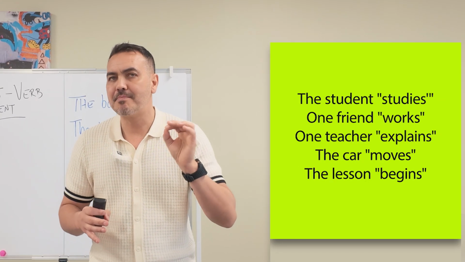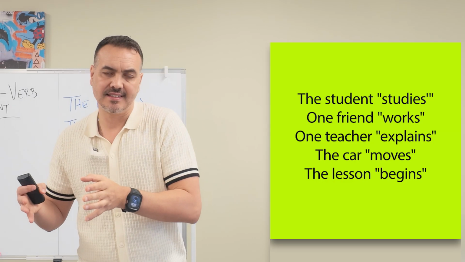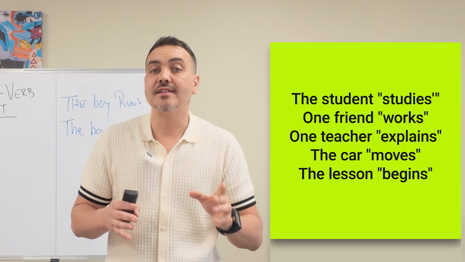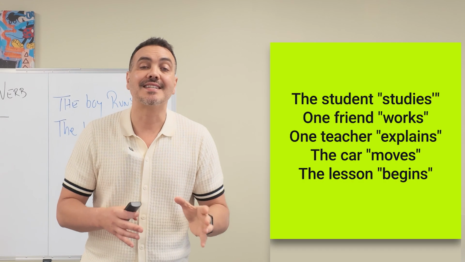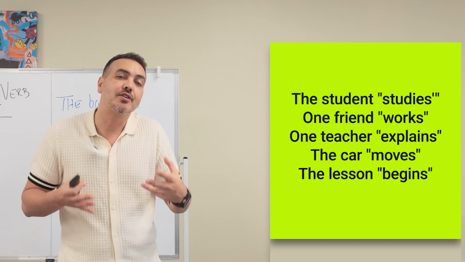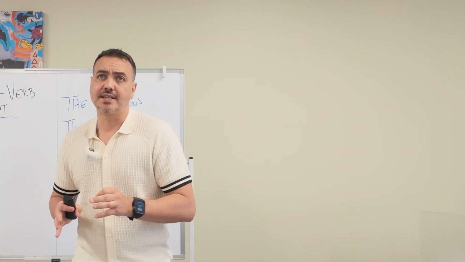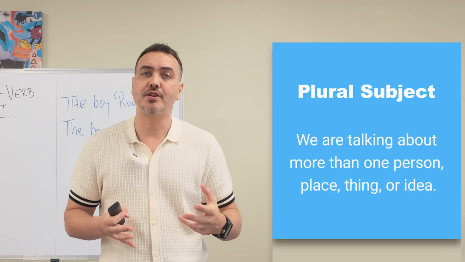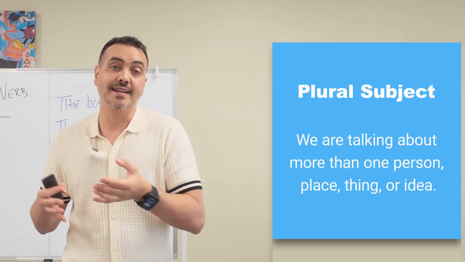Listen to the pattern. One student studies. One friend works. One teacher explains. When the subject is one person or one thing, the verb usually changes. Now, a plural subject means we're talking about more than one person, more than one place, thing, or idea.